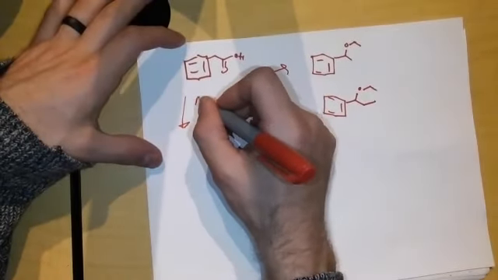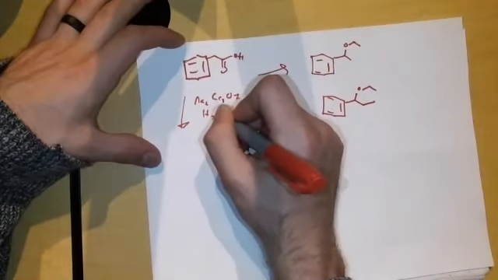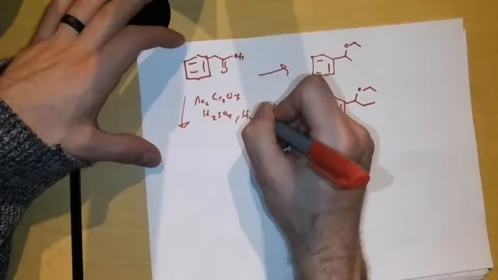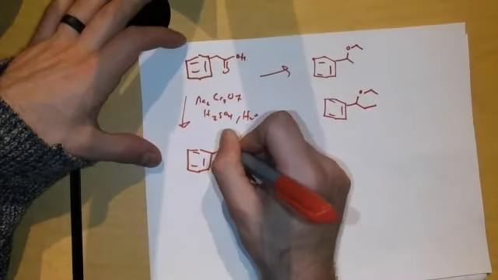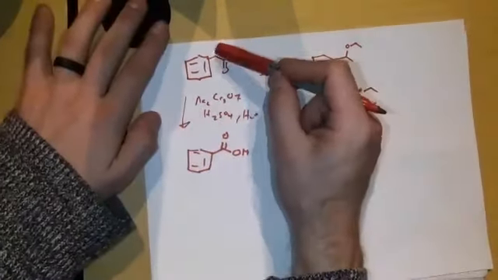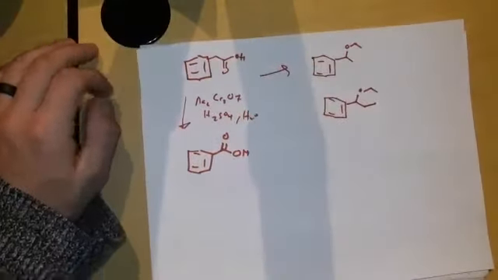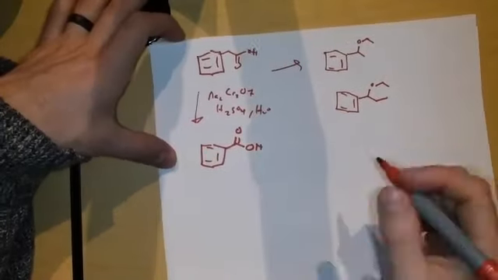So Na2Cr2O7, H2SO4. Let's just oxidize this last position all the way to the carboxylic acid. From here, we want to add in 2 carbons.